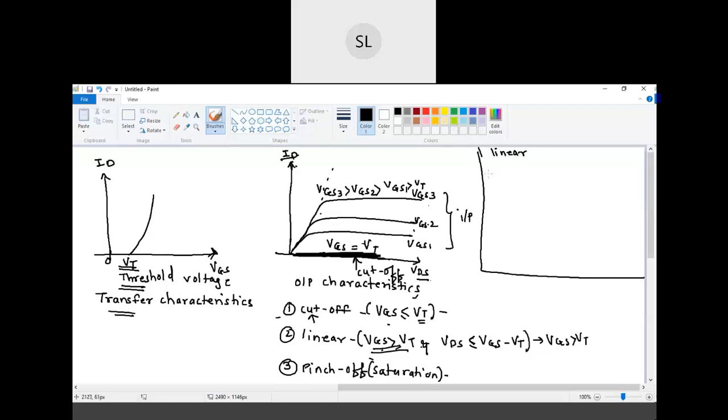If we make Vg greater than Vt, the channel will be formed so that the drain current varies linearly with the drain to source voltage VDS.